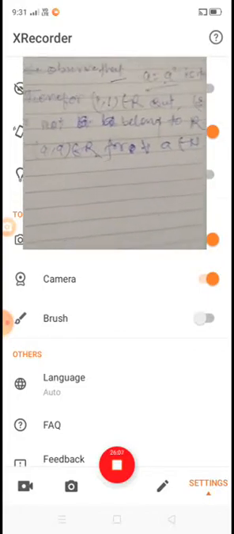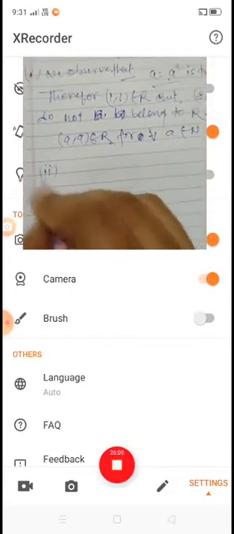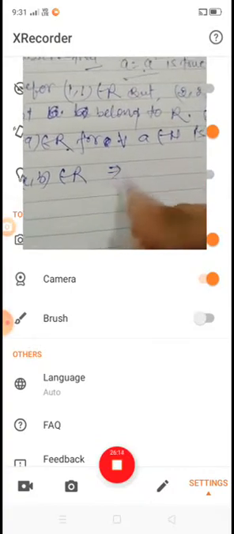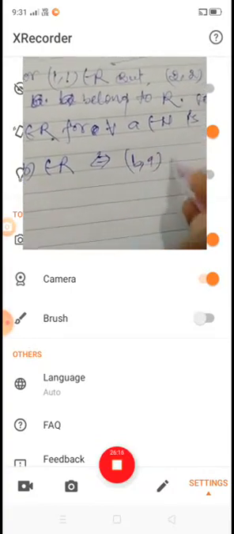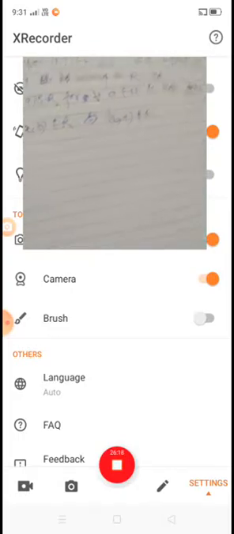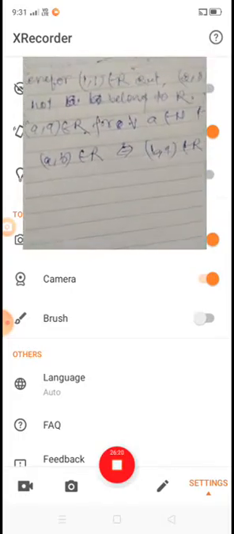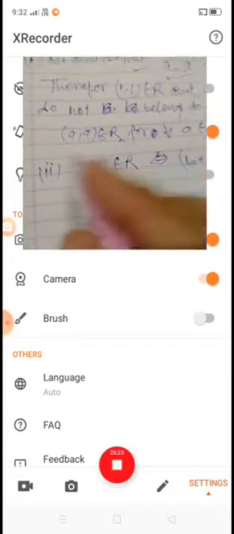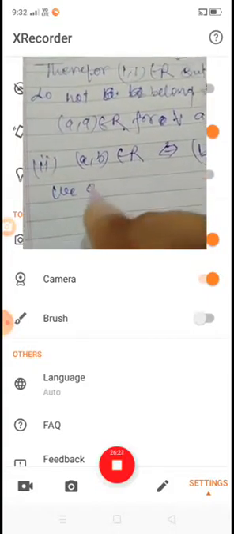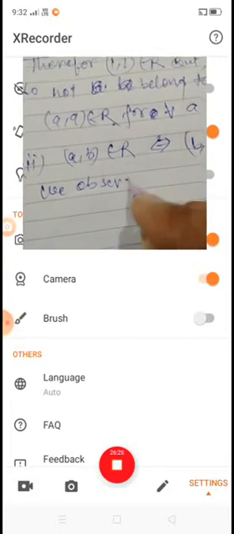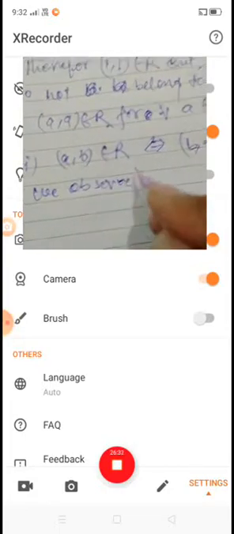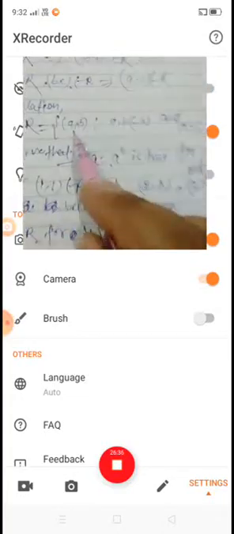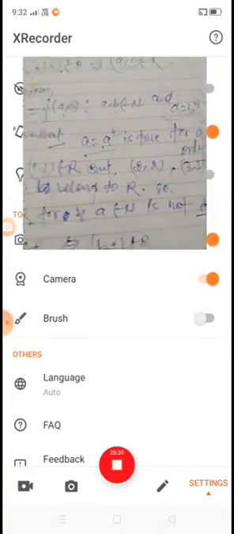Now we take the second one: (A, B) belongs to R implies (B, A) also belongs to R. Now check it. We observe that in the given relation (A, B), A is equal to B square.